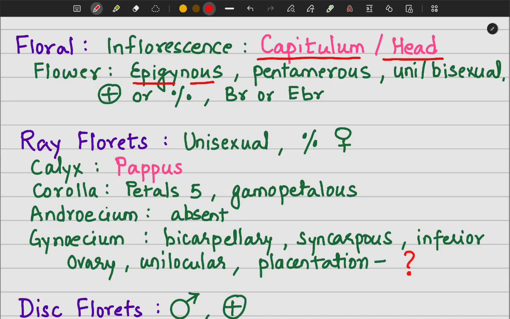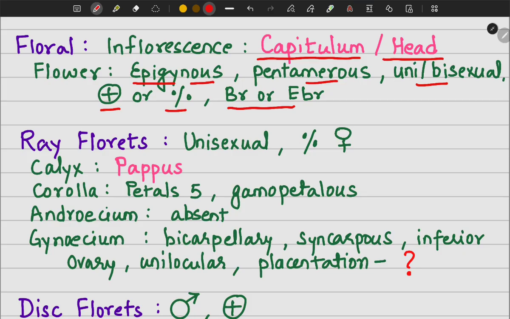So the flower is epigynous, it will have inferior ovary. And the flowers are usually pentamerous, having 5 floral appendages. Flower could be uni or bisexual as we just saw. They can have zygomorphic or actinomorphic symmetry. We just studied about it. And the flower could be bracteate or ebracteate.